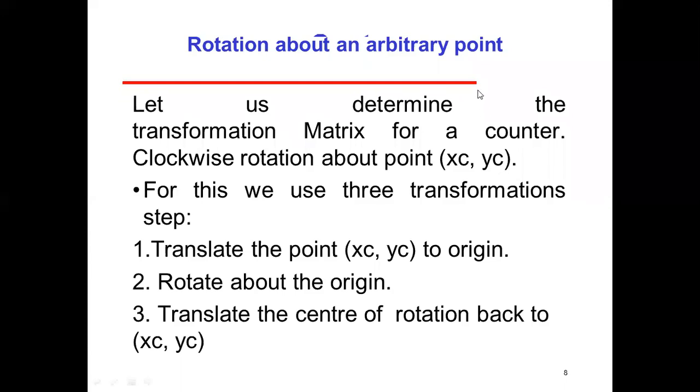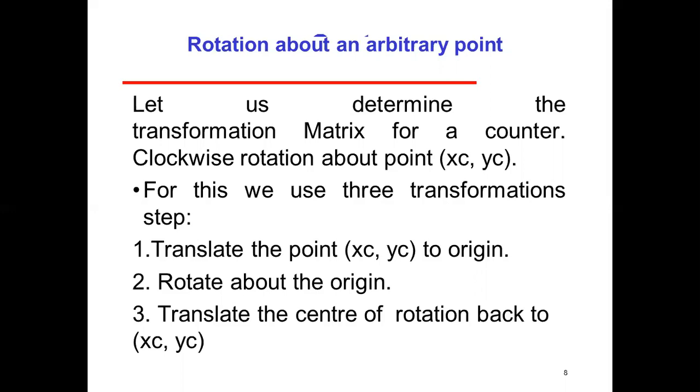Okay, about point xc yc, not about the origin, because we are already aware that if we rotate about the origin then it is the simple rotation, and whenever we want to rotate about arbitrary points we have to choose the new points.